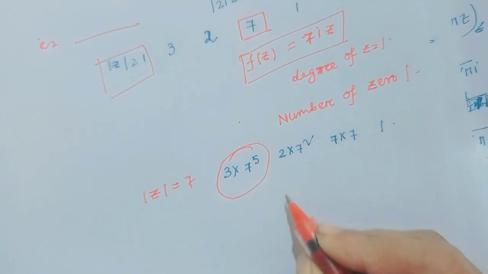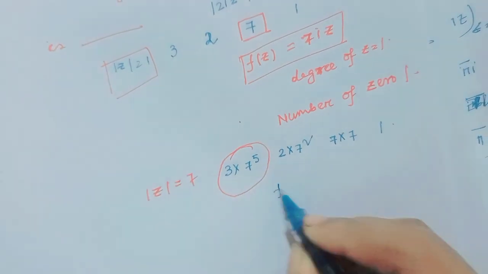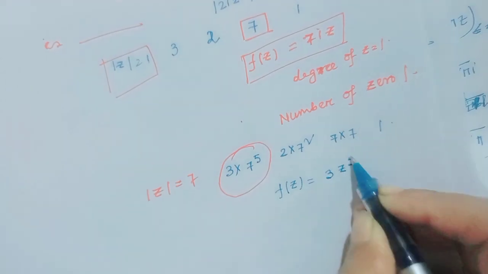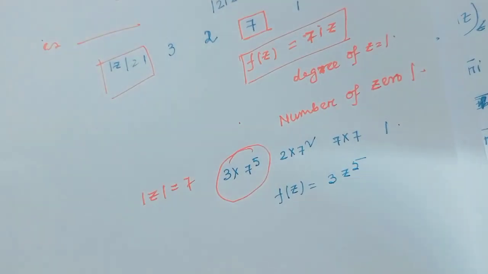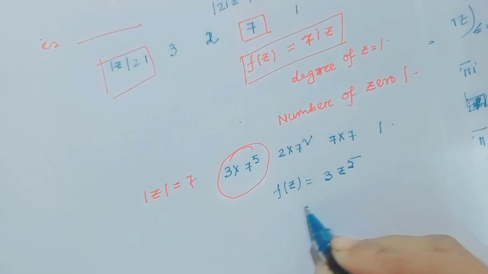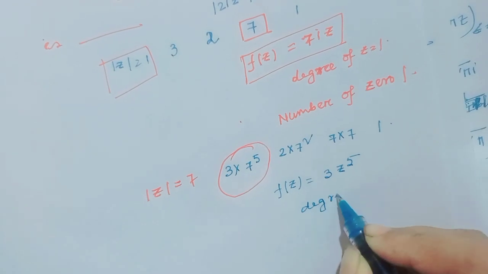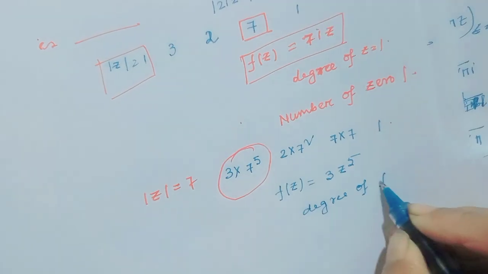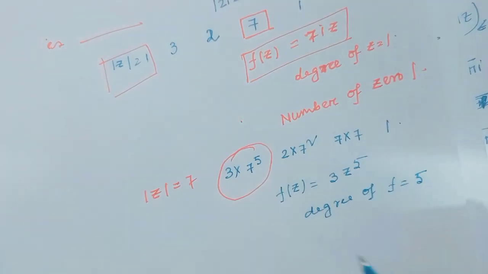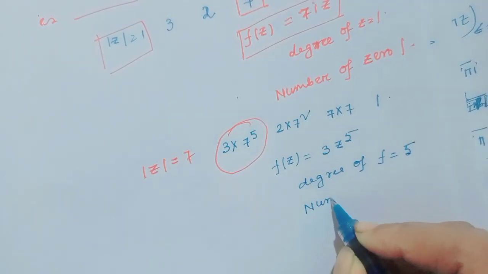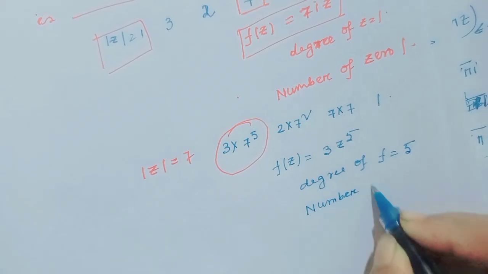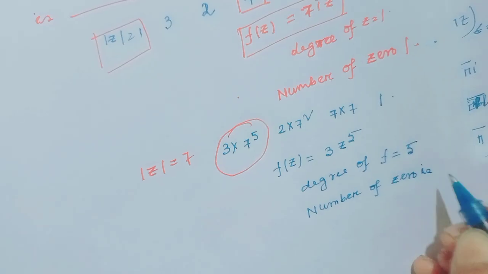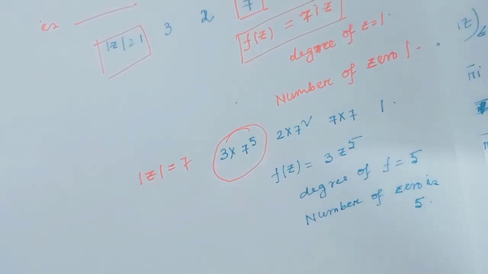That means this is f(z). f(z) equals 3z to the power 5, and the degree of f is 5, so the number of zeros is 5.